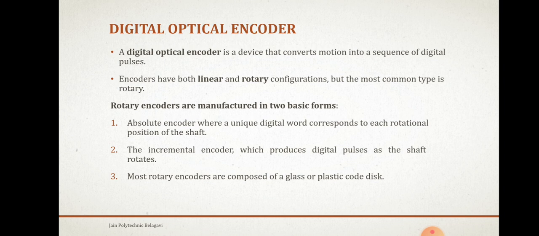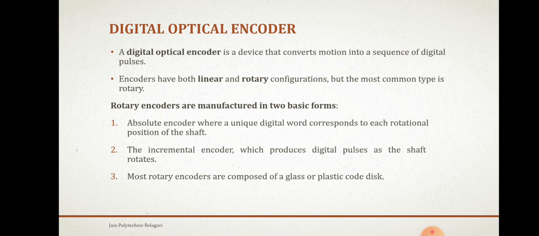Then next, digital optical encoder. The digital optical encoder is a device that converts motion into a sequence of digital pulses. Encoders have both linear and rotary configurations, but the most common type is rotary. Rotary encoders are manufactured in two basic forms.